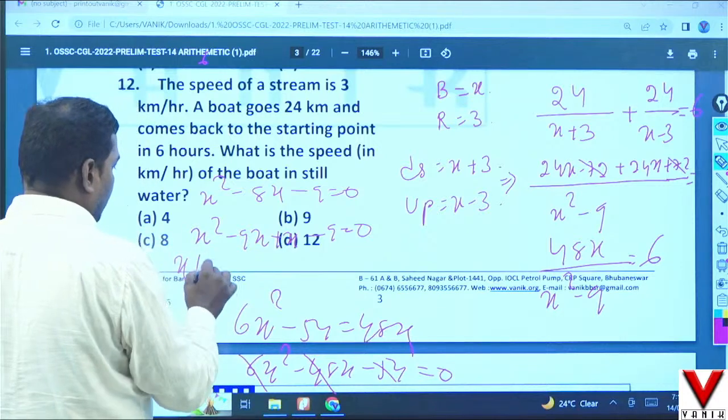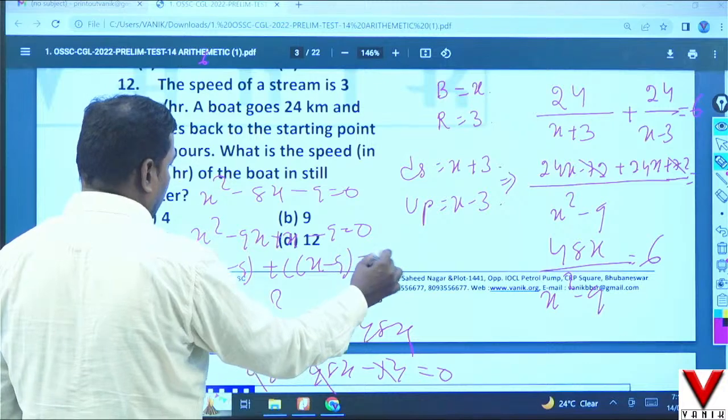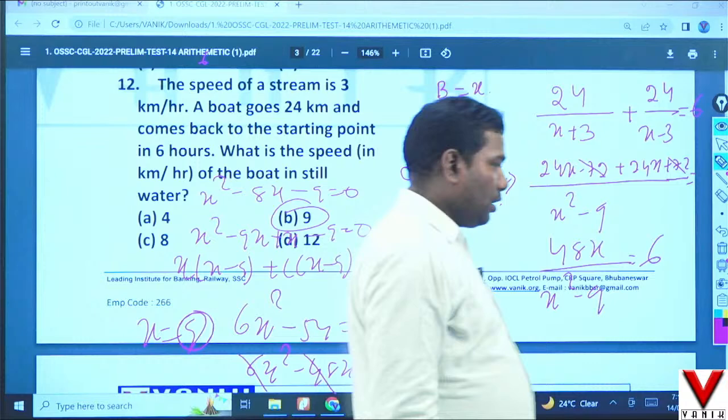If you take x common, x minus 9 plus 1, x minus 9 is equal to 0. So x is equal to 9. Option B is our correct answer. Clear?